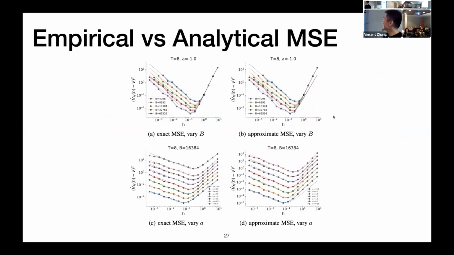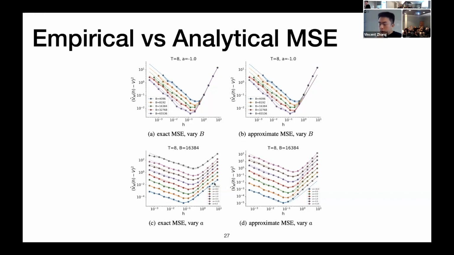So the solid line is again what we observe in practice, and the dotted lines are from our analysis. We plot the exact MSE on these plots just to see if they align. We'll also plot the approximate MSE, which is the MSE we got from applying Taylor expansion and ignoring some higher order terms.